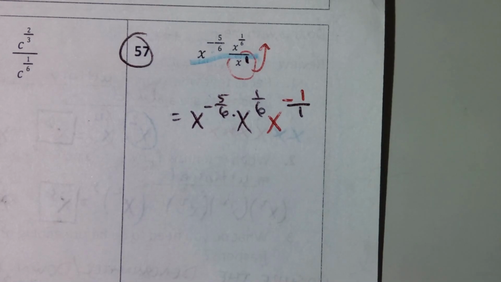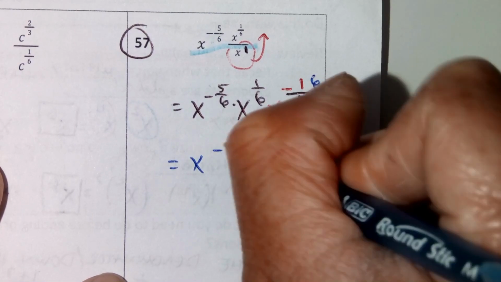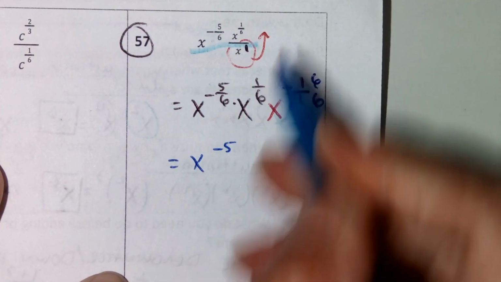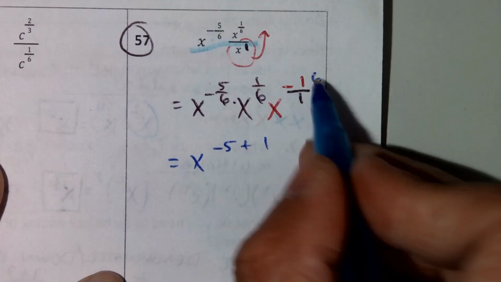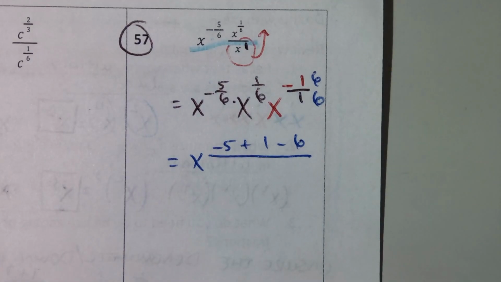Now, if you look at the other fractions, you'll notice something. They all have something in the denominator. That's 6's. So x to the negative 5, that's a positive 1, and that one's a negative 6, all over 6.